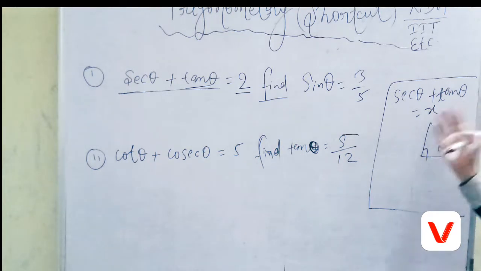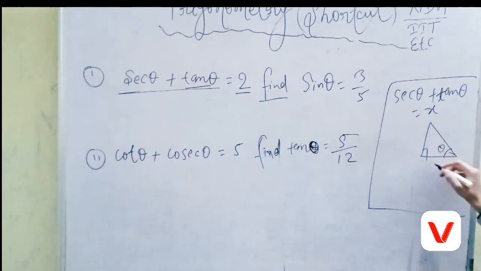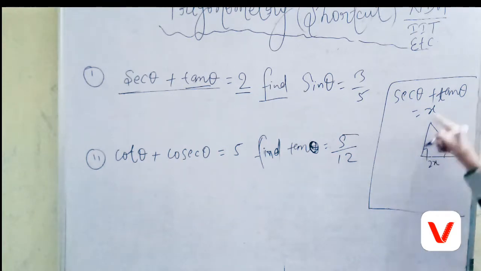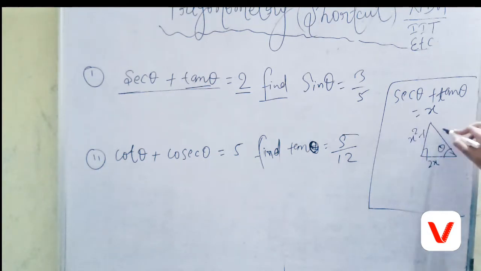It may be 2, 3 or 4, any number. If sec theta plus tan theta equal to x, and theta represents this angle, then we can write the base equal to twice of x, the perpendicular is x square minus 1, and the hypotenuse is x square plus 1. So sec theta plus tan theta equal to x, and we can make the trick with the help of the Pythagoras theorem.